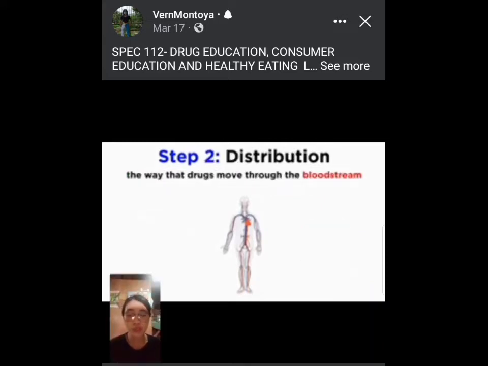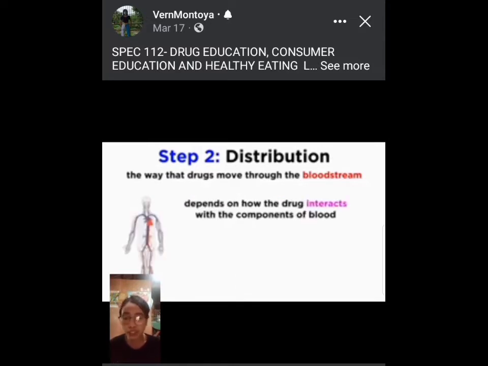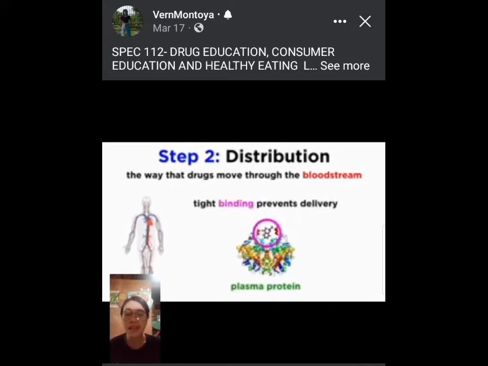Next is distribution. This describes the way that drugs move through the bloodstream after being absorbed into it or injected into it. There are many factors that influence this, like the way that the drug interacts with the components of blood, such as plasma proteins.